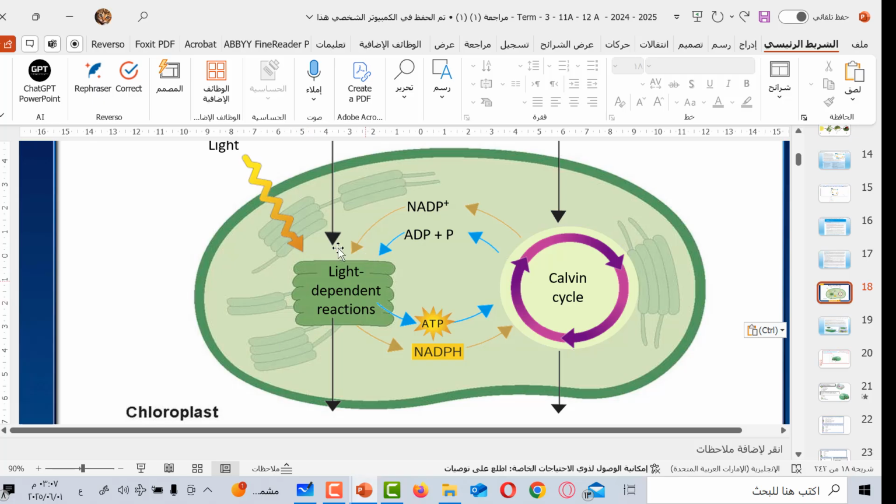This process needs ADP to make ATP, and needs NADP to make NADPH. The NADPH is the receiver of the H excreted from the splitting of water.